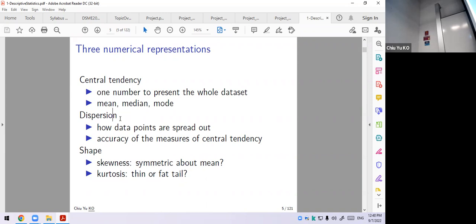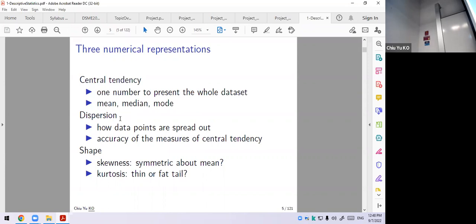You expect the price to fluctuate up and down around a certain range every day. But if the stock price goes down by 10% in one day, then it's a huge loss, or maybe 20%, 30%. That can be problematic, and if you don't take it into account in data analysis, that would be a problem. Kurtosis would tell you whether your data has a fat tail.